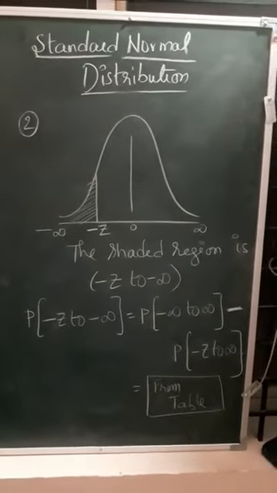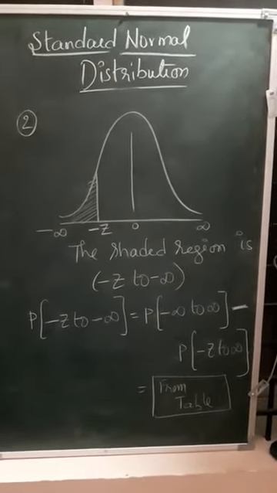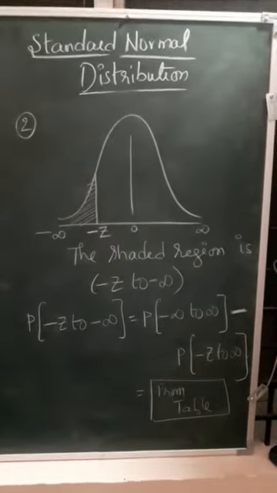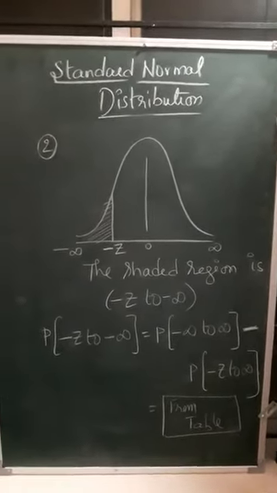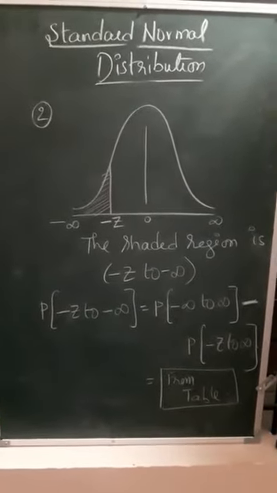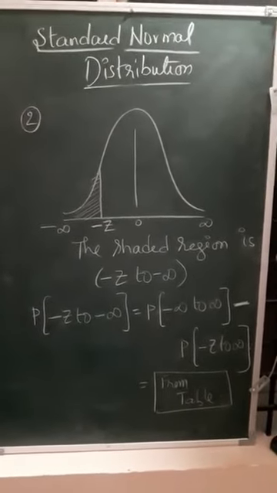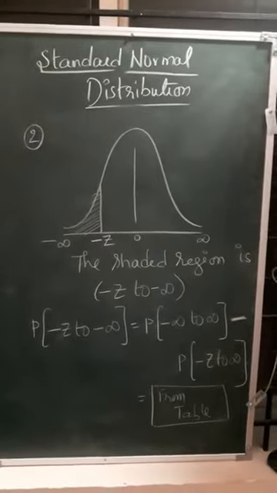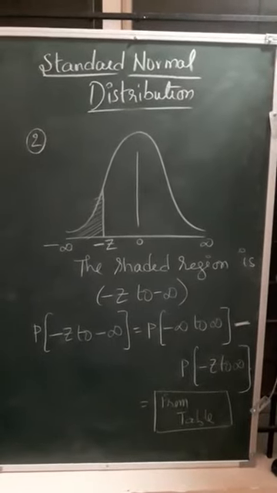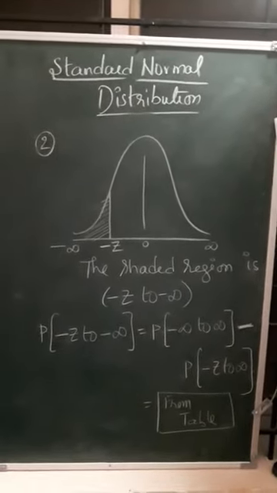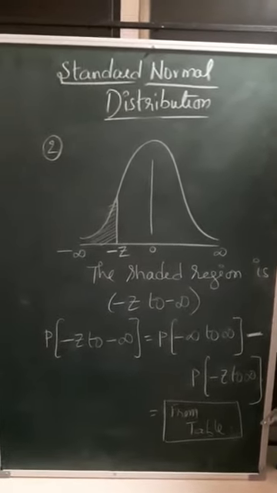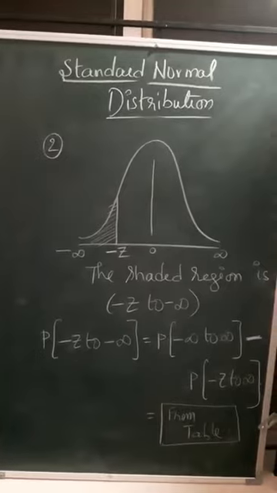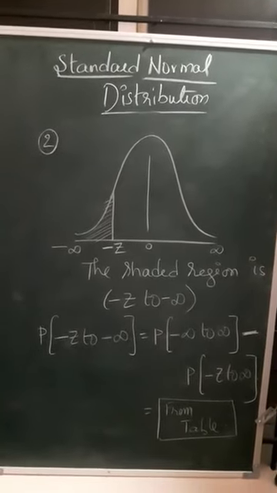We have minus z to positive infinity, or plus z to positive infinity. Always towards the right only we have the tables in your textbook. So that's the reason, when we want that alone shaded region, the other area in the normal curve is blank. What is that blank area? Minus z to infinity is the blank area, right?